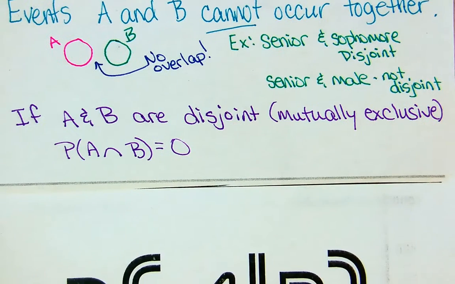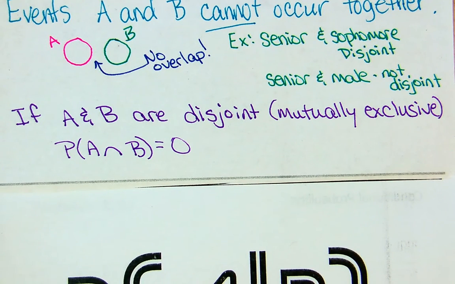And this is one that they will put on there sometimes just to see if you don't catch the fact that it's disjoint. Okay? So read the wording carefully. If it's disjoint, the probability that both things will happen is 0, because they cannot both happen.